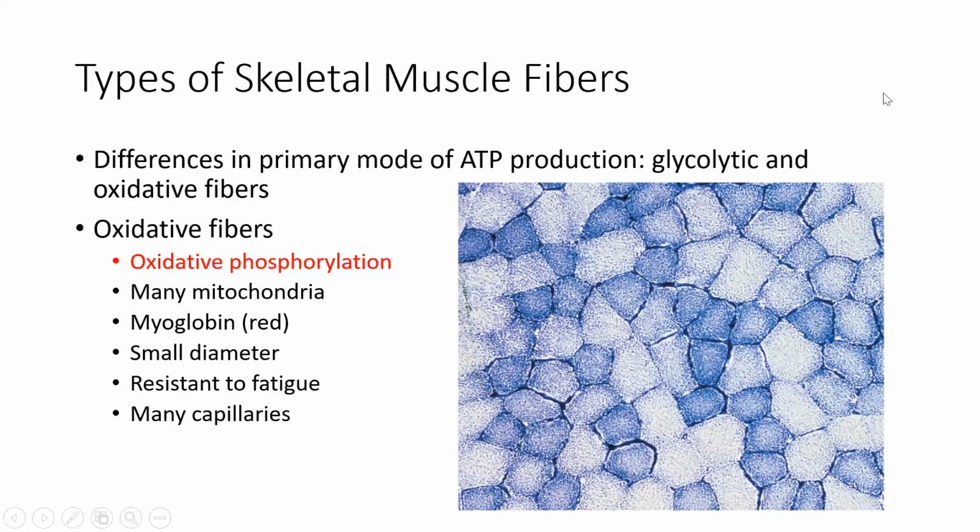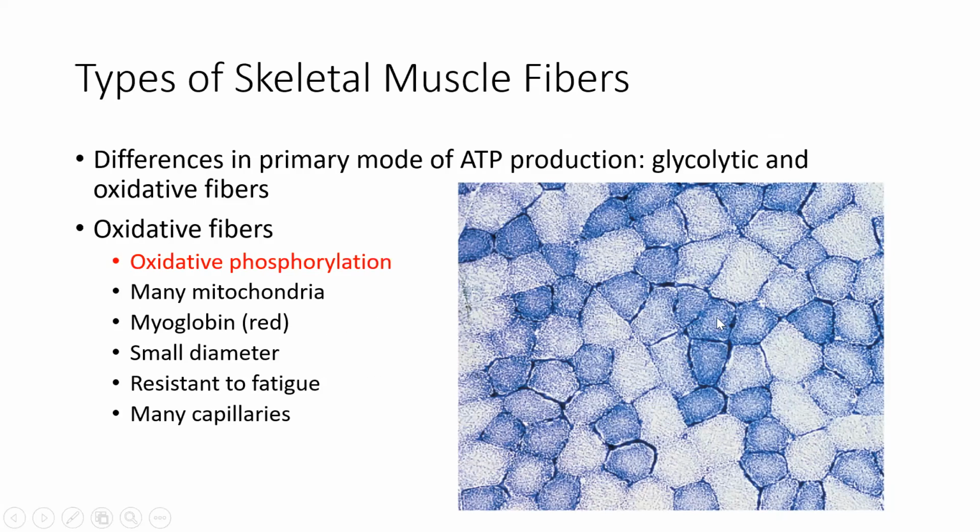All right, so let's speak about the oxidative fibers here. Oxidative fibers, again, rely on oxidative phosphorylation, in brackets, rely on oxygen. They have many mitochondria because this is the site of oxidative phosphorylation. They have myoglobin. This is what makes them appear red or darker staining in this histological preparation.